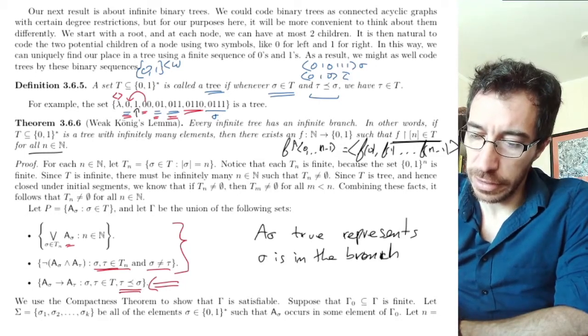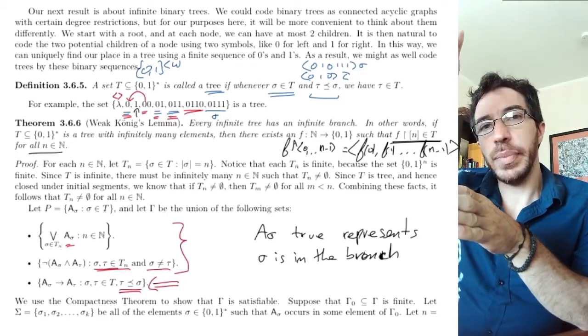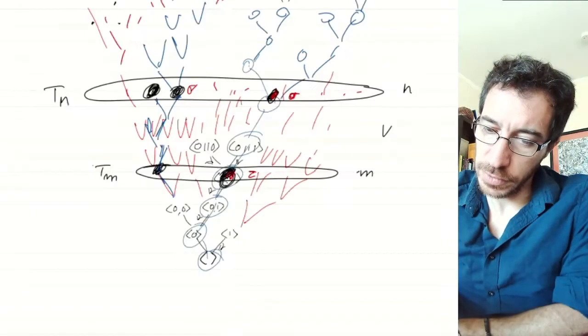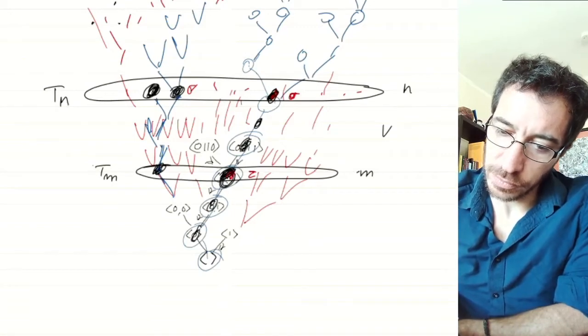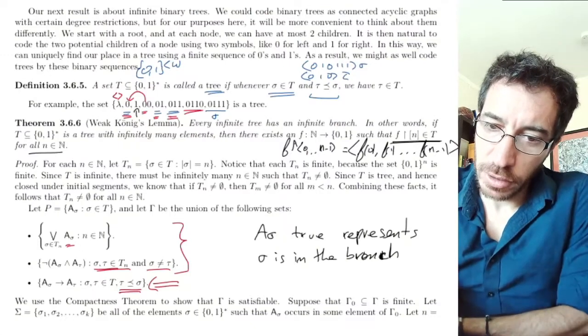These things up here say the branch has to cut each level in exactly one place, and it has to be a branch, closed downward. So if you have this one, all of these will be true, and it meets each level once. Okay, so that makes sense.